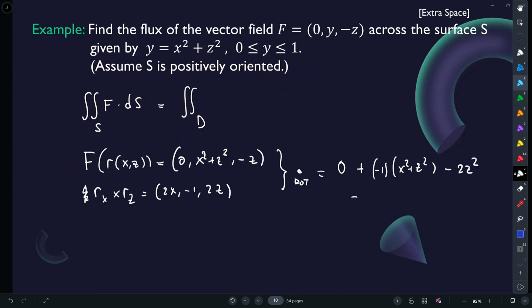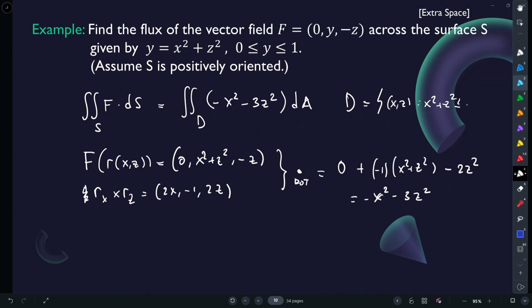So in total, this is minus x squared minus 3z squared. So this is the integral of minus x squared minus 3z squared dA in area. So we are integrating that over D, again a filled-in circle of radius 1. That's my domain for that double integral.